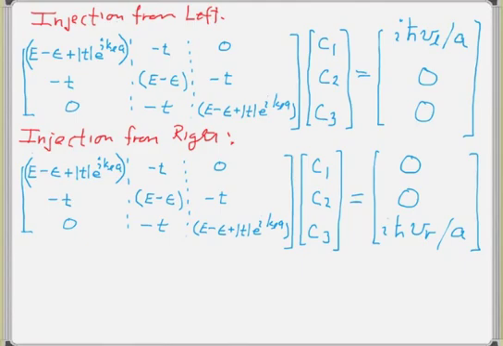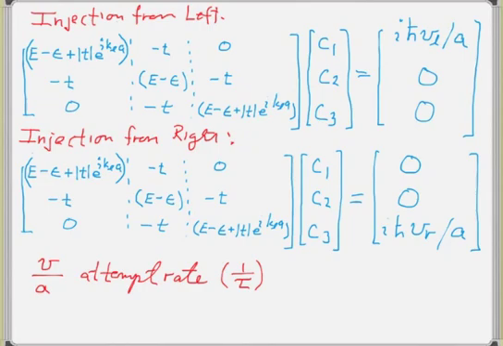So you can view v over a as an attempt rate. As an attempt rate, the units are going to be 1 over time.